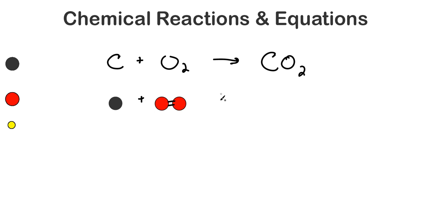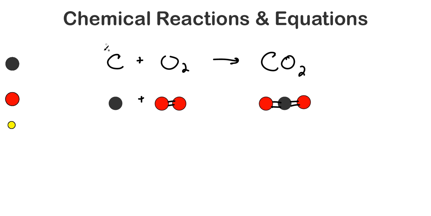So we got carbon plus oxygen gives us that, and basically everything rearranges itself. The carbon bonds with the 2 oxygens, so the oxygens come apart here. I could actually pull them apart if I wanted to. And we get double bonds there, working with our valence electrons.